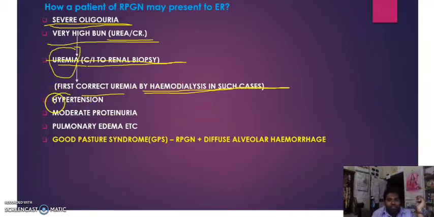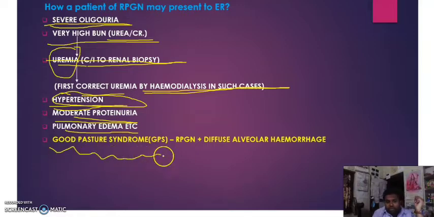There will be hypertension also, because mostly nephritic syndrome causes can lead to RPGN. With nephritic syndrome, hypertension is associated. So hypertension is a feature. Moderate proteinuria will be there, pulmonary edema, and one of the main causes of rapidly progressing renal failure is Goodpasture syndrome.